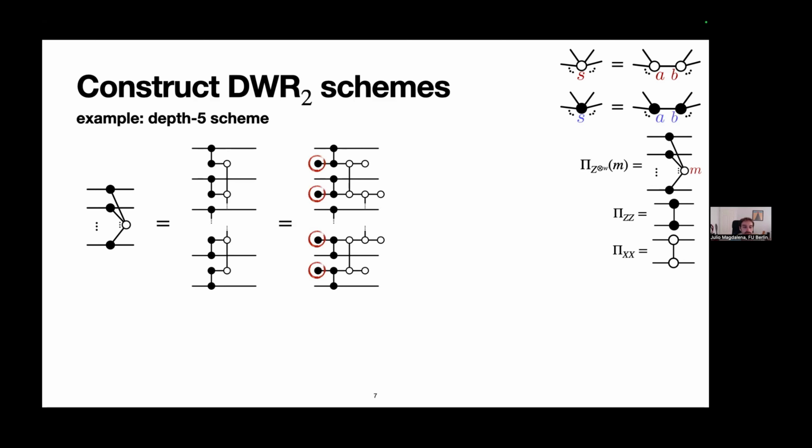which we can now interpret as a sequence of single qubit measurements, two-body measurements, two-body measurements, single-body measurements. So we have sequences of projectors on X, on ZZ, on XX, and on Z, which, if all the measurements are +1, implement exactly the projector that we started with by construction.